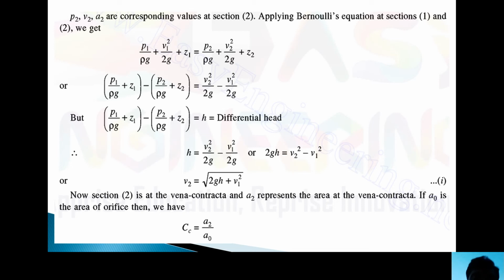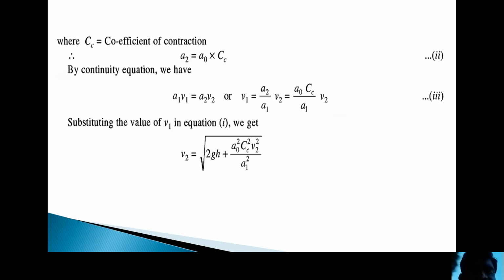Now section 2 is the vena contracta, and A2 represents the area at the vena contracta. If A0 is the area of the orifice, then Cc equal to A2 by A0, where Cc is the coefficient of contraction.